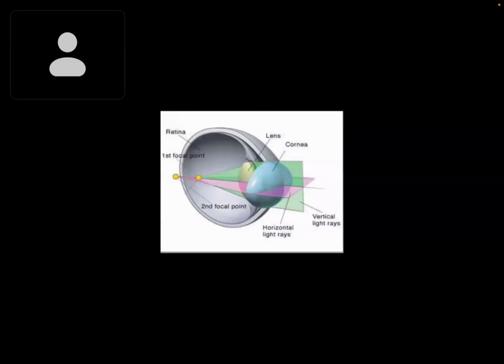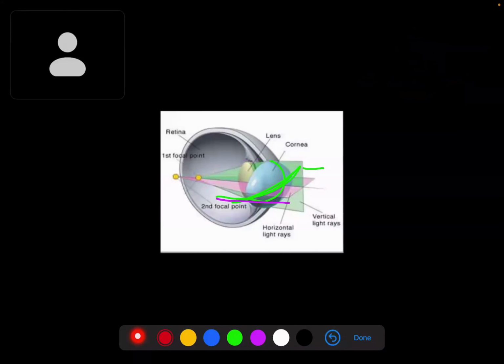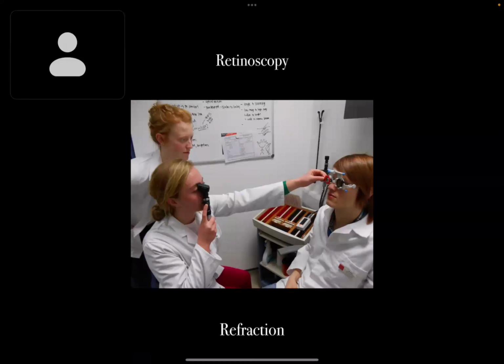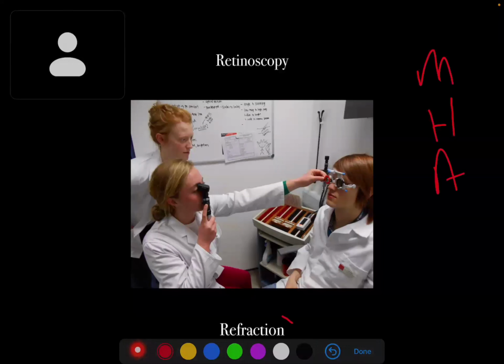There are two focal points, first and second, and therefore at any distance, they don't see things very clearly. So all these errors, like myopia, hypermetropia, astigmatism, you can check by doing a test called refraction.